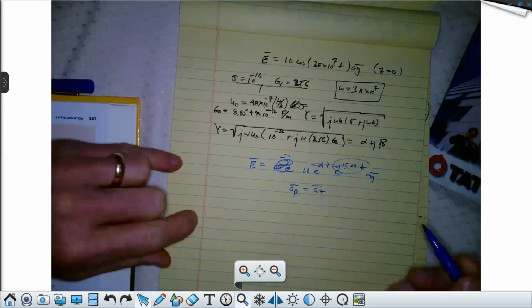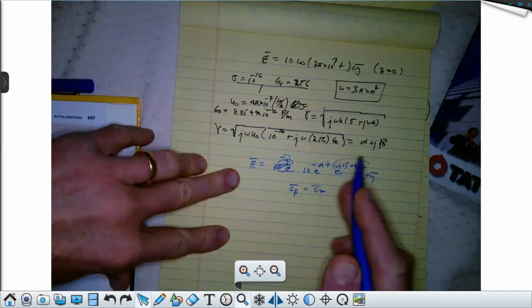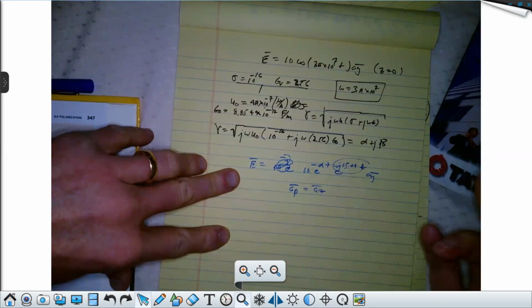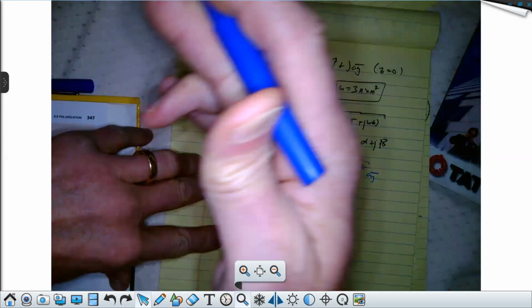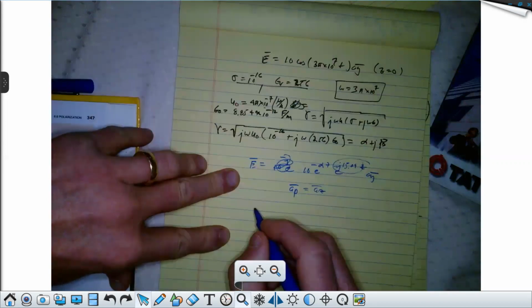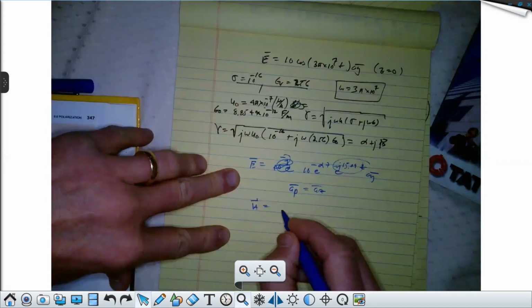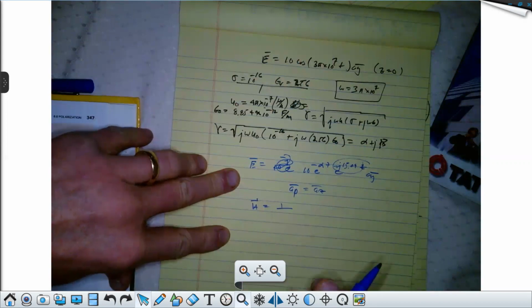Now, if we want the H field, we've got the E field. We've got beta and everything. It depends if we want to express it as a phasor or time varying phenomena. But to get H, the only thing we do is take 1 over eta. The thing about eta is it's complex, but the angle is about 0. You've got a real part that's 16 or 17 orders of magnitude larger.